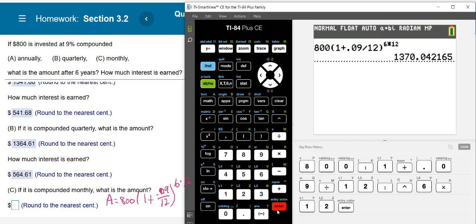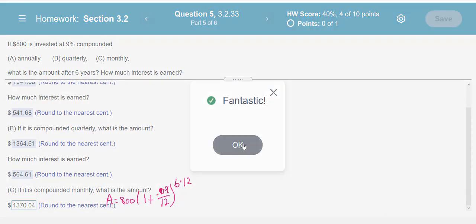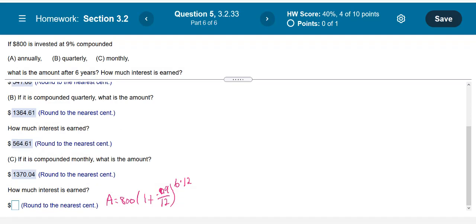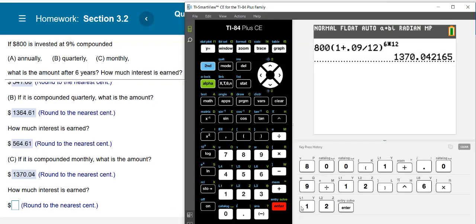As you can see, I entered it exactly like I have it written over on the left. To 2 decimal places, that would be 1370.04. And as before, the interest is the difference in that number and what we started with. So again, we just take that number and subtract 800.